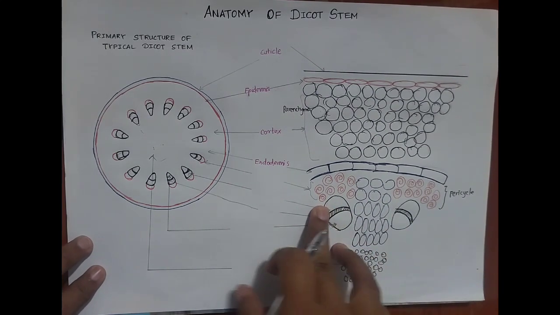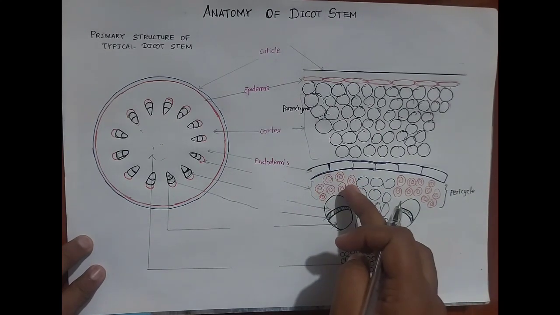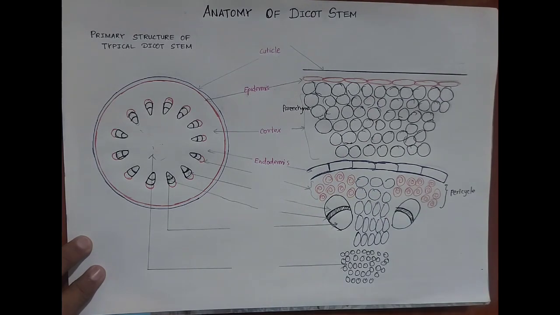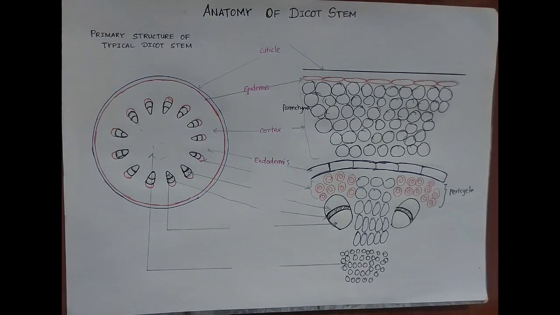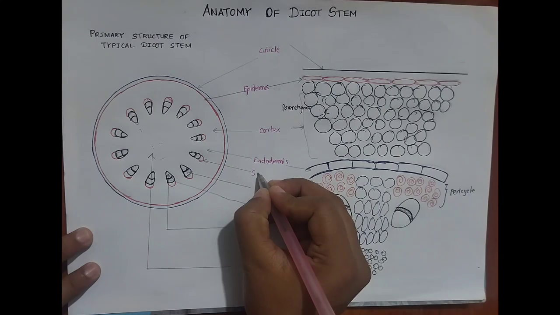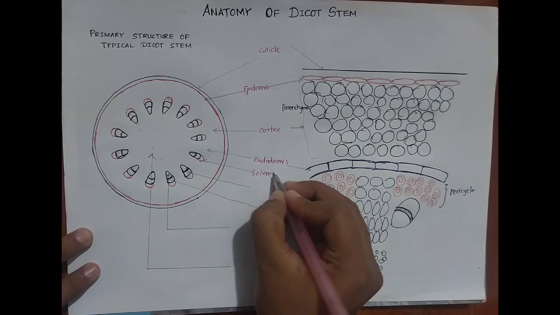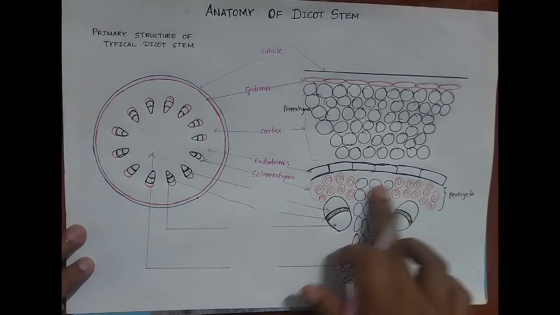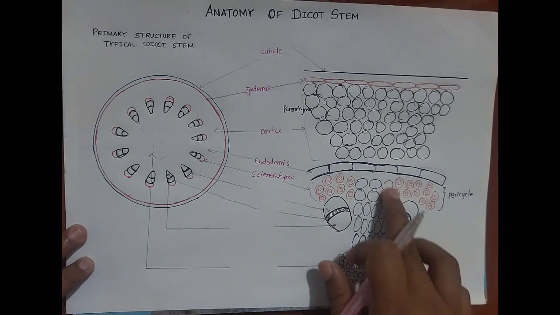You would already have learned about the tissues. This is the sclerenchyma that is present above the vascular bundle. In the pericycle you have sclerenchyma, and the other cells are parenchymatous cells.